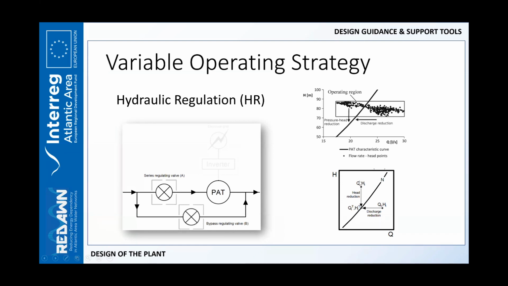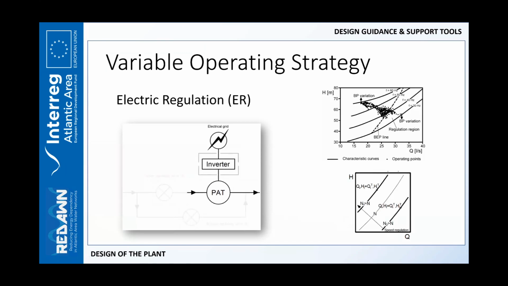So any operating point can be translated to the characteristic curve of the PAT. In the other case, with the electric regulation, the operating points are not moved on the discharge-head plane, but the rotating speed of the turbine is modified in order to match the operating condition.